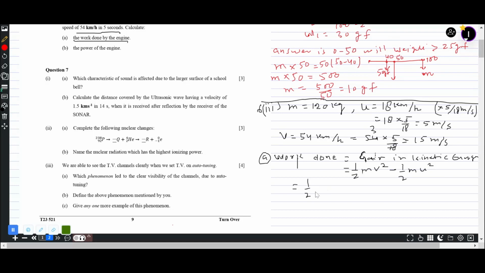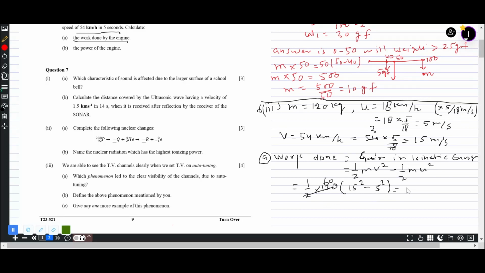That is half into 120. What is v? V is 15 whole square minus what was u? That was 5 whole square. Now this is kg into meter square per second square, which is Newton meter, which is joules. So this becomes 60. What is 15 square minus 5 square? What is the quickest shortcut to do this?